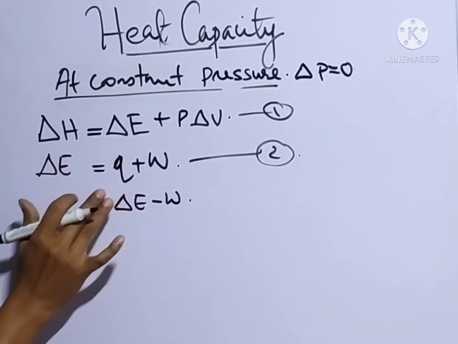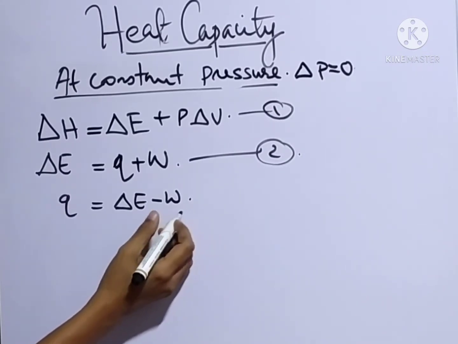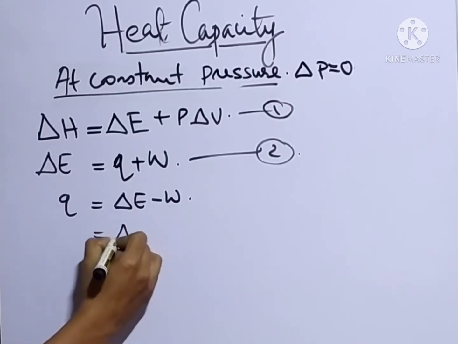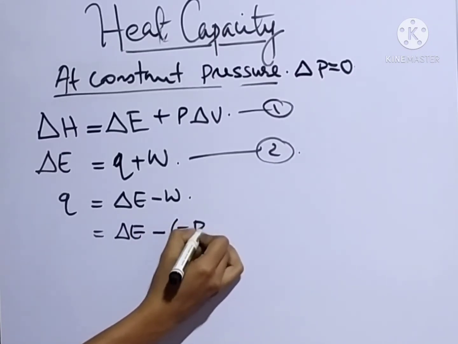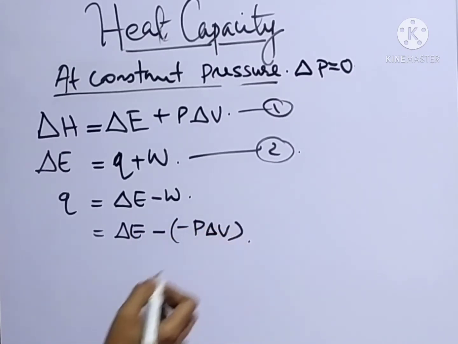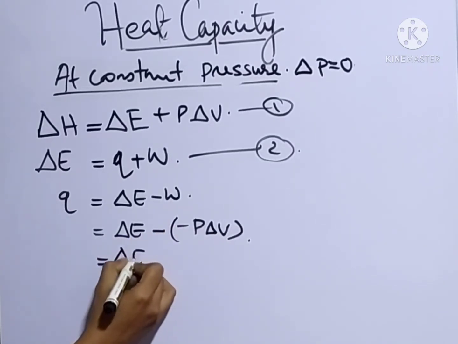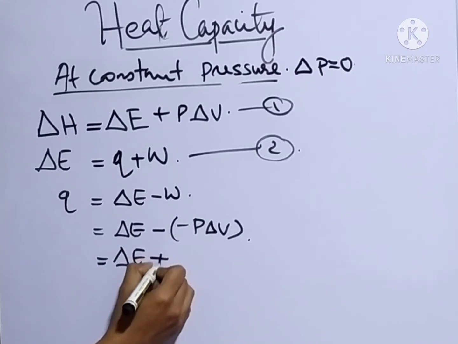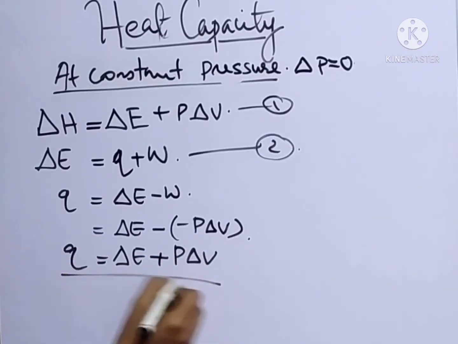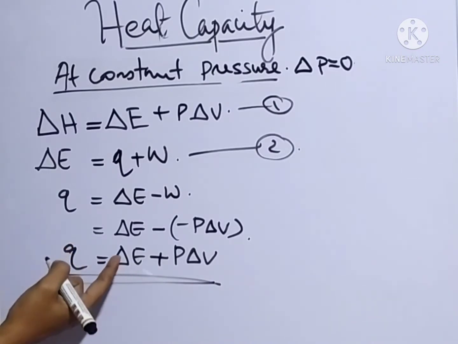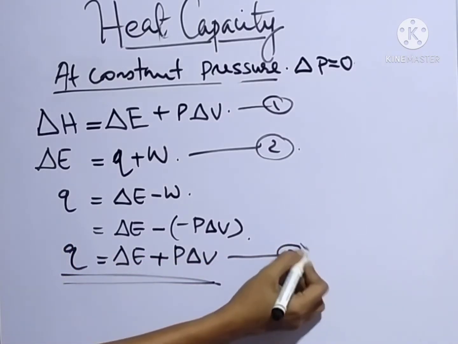Here in this equation, we cannot cancel any term. Instead of writing W, we can write it as delta E minus P delta V. Here minus and minus, so it will be equal to delta E plus P delta V. So Q equals delta E plus P delta V. This is number 3.